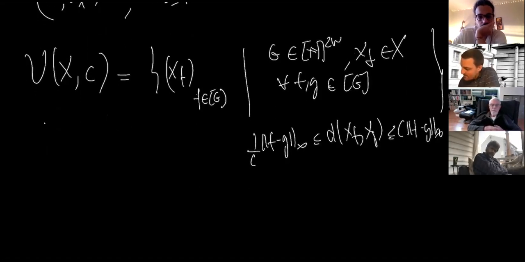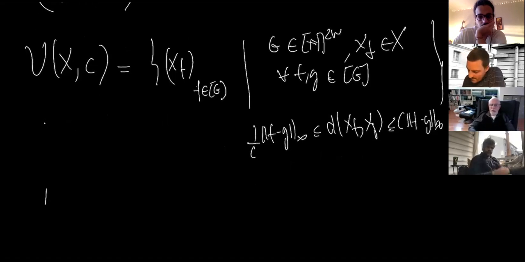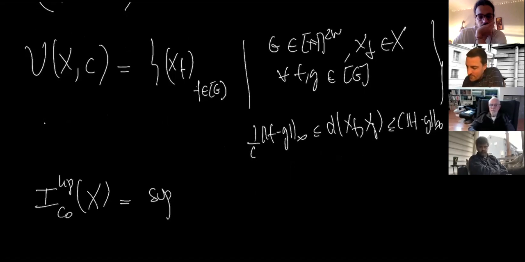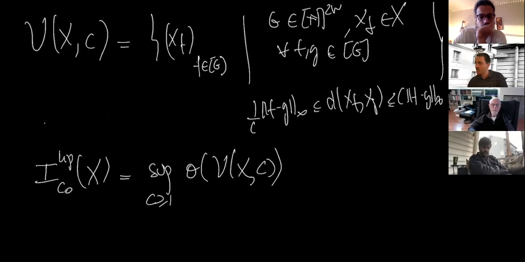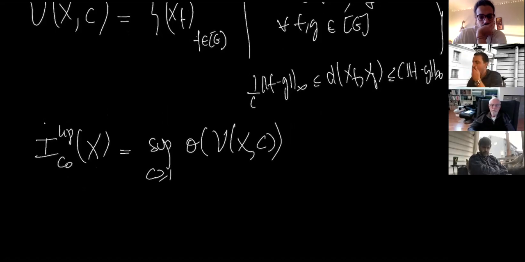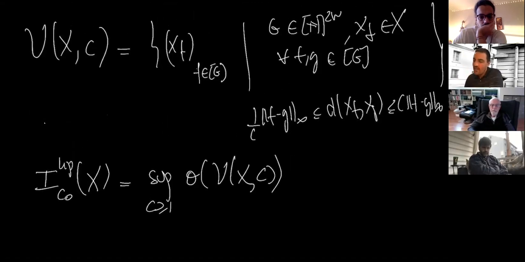I look at this, and the c0 Lipschitz index of X is going to be the supremum. It has to be checked, but this is a vine, and in particular it's a tree, so I can look at the order of this vine and take the supremum over C. Now nothing is really straightforward here, as in the case of finite sequences.